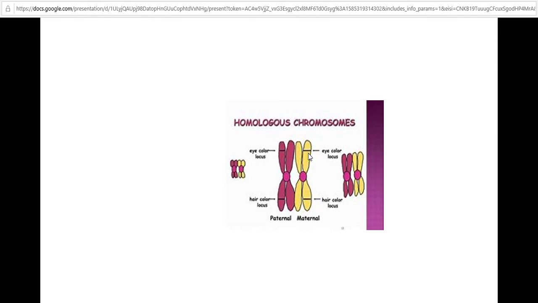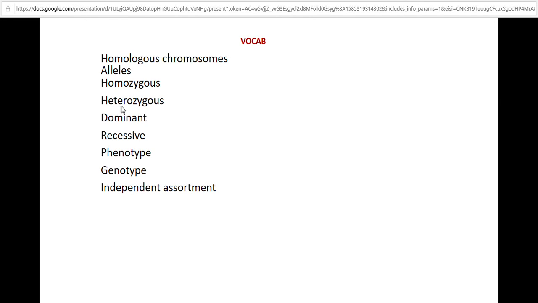For example, if an individual has an eye color gene that is blue and an eye color gene that is brown, they have two alleles for that, and both alleles are different, meaning they are heterozygous for the trait.